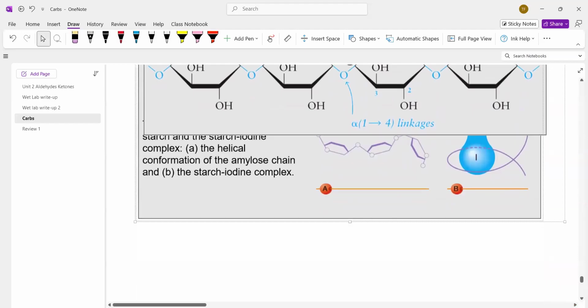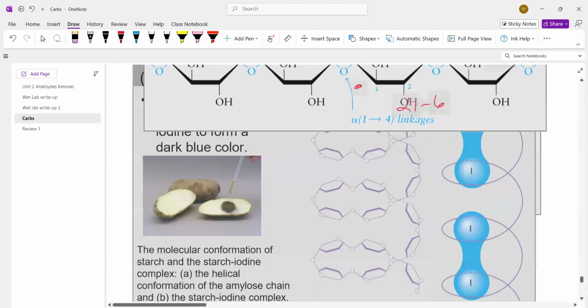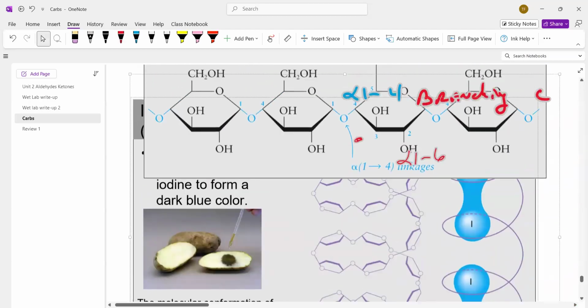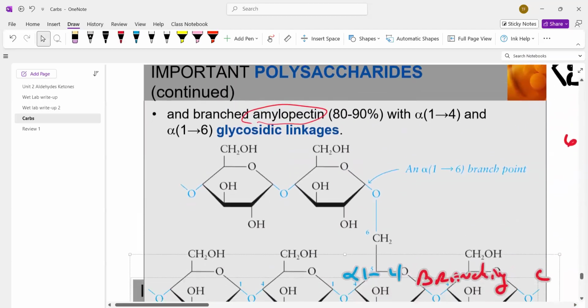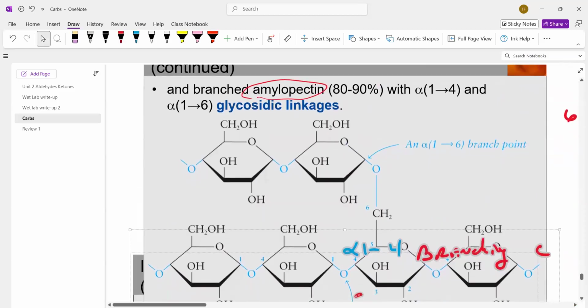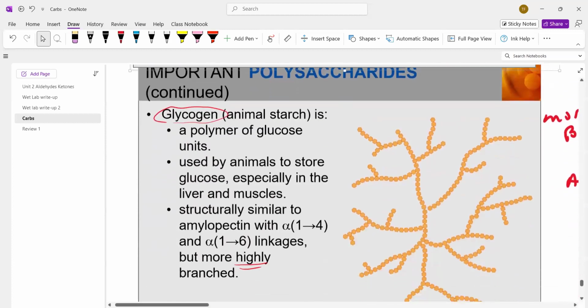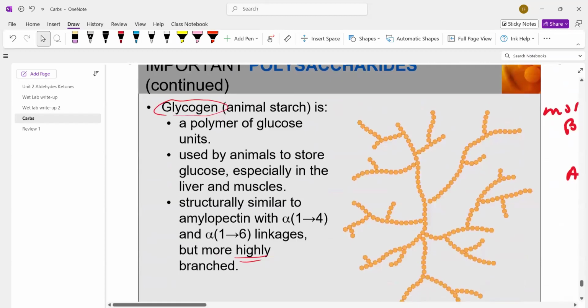Amylopectin is not as branched as glycogen. Amylopectin comes from plants. Glycogen comes from mammals. They're almost exactly the same, except the glycogen is more branched.